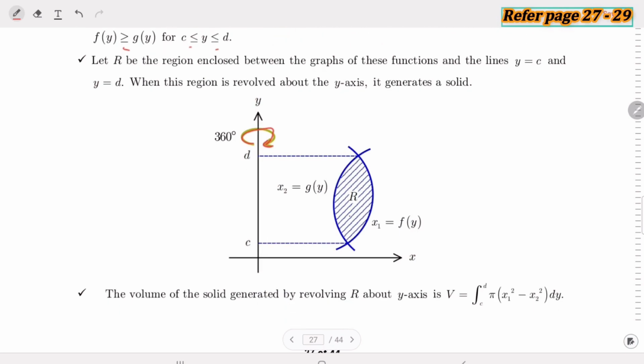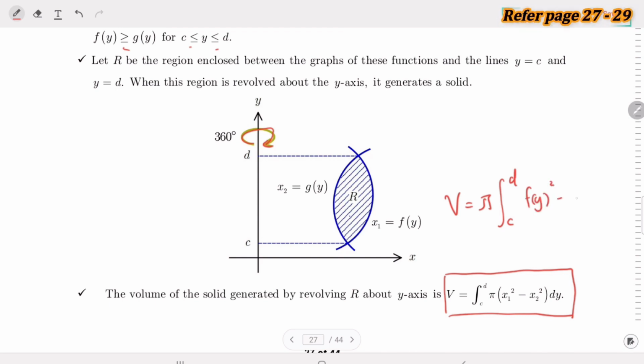The same as above. This is the formula. The volume equals pi, which I put in front, integrated from c to d. There are two functions here, so (f(y) minus g(y)), all of this squared, with respect to y, because they are rotated about the y-axis.